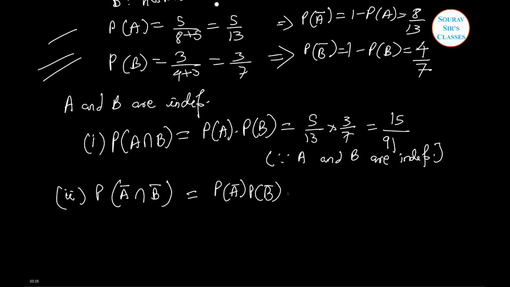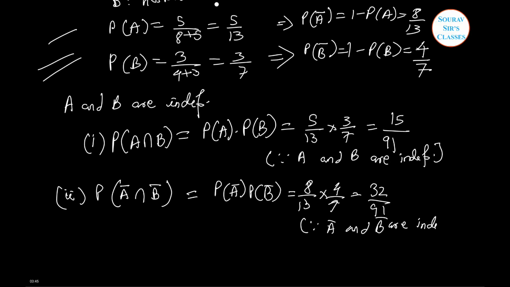Since we have assumed these are independent, and I have also proved this in another video, this comes to 32 by 91. Again write the reason: since A bar and B bar are independent.